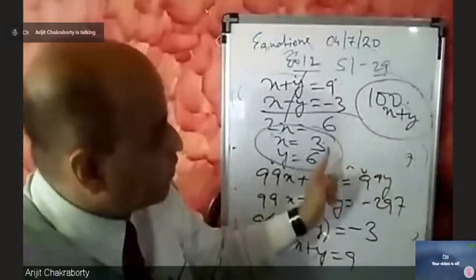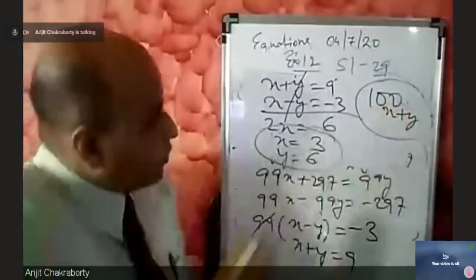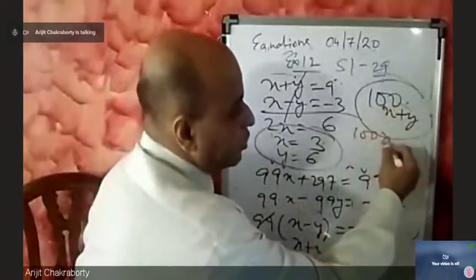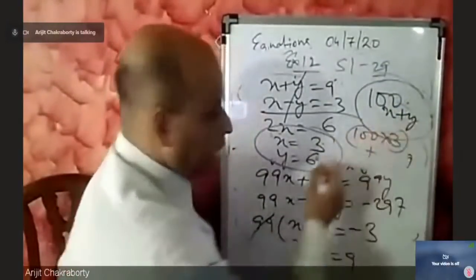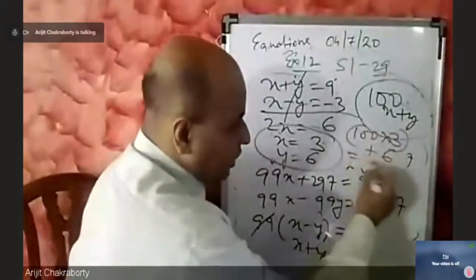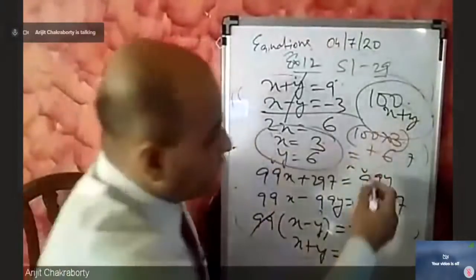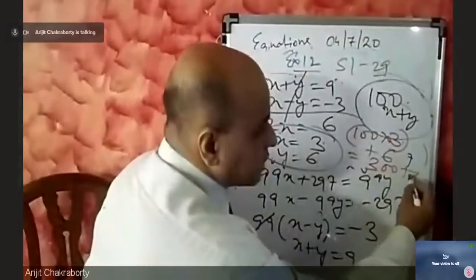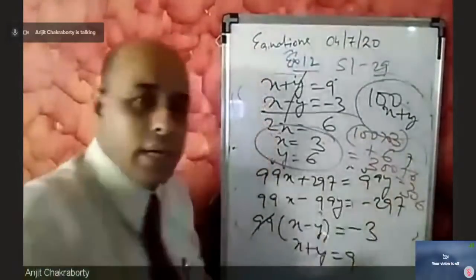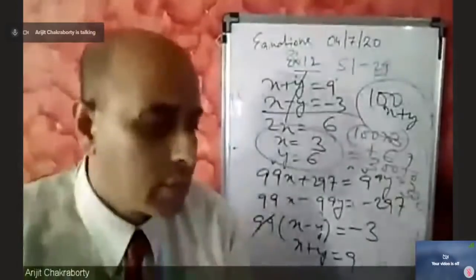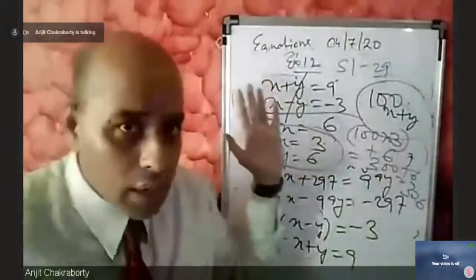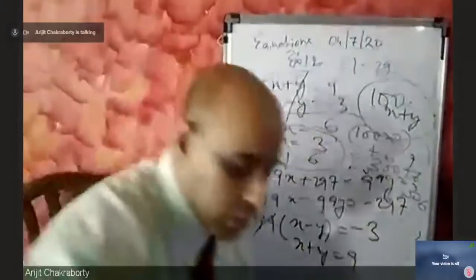If I put x as 3 here, I get 100 into 3 plus 6, that is 300 plus 6, that is 306. So the number is 306, and this is how we solve this type of equation.